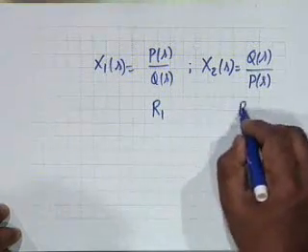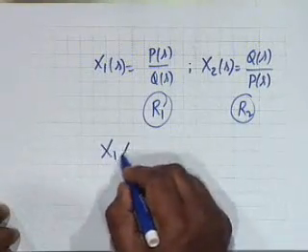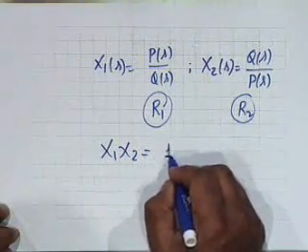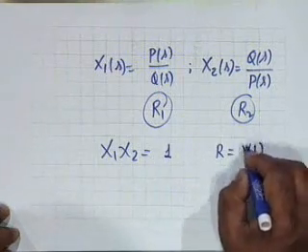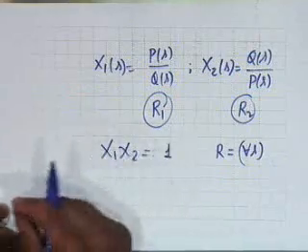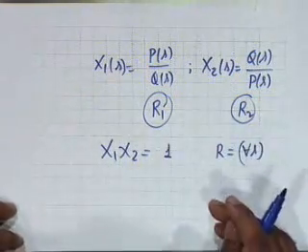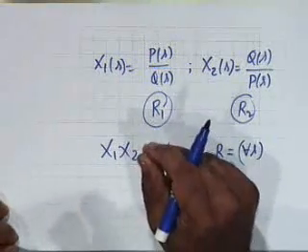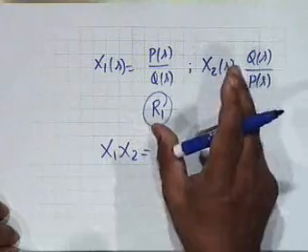The regions of convergence are R1 and R2. Then you see the product is simply 1 and the region of convergence is all s, the entire s plane, and therefore the region of convergence may be expanded by convolution. The region of convergence is at least the intersection of R1 and R2.